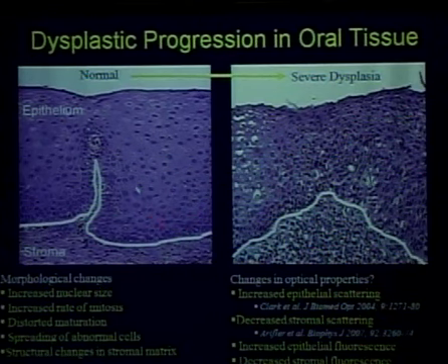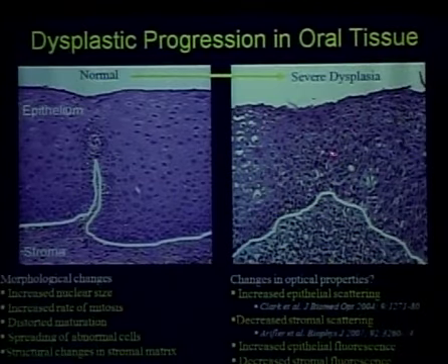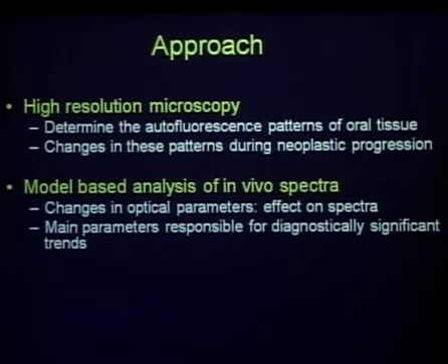And there have been a number of people who've looked at what are the changes in the optical properties, both in the epithelium and in the stroma, that accompany the presence of dysplasia. And they include increased scattering in the epithelium with dysplasia, decreased scattering in the stroma, increased fluorescence in the epithelium, and decreased fluorescence in the stroma.